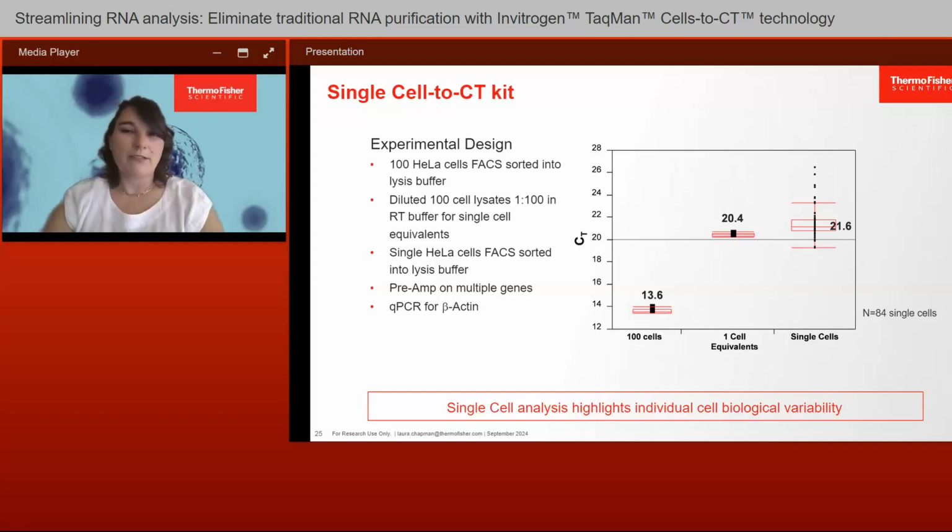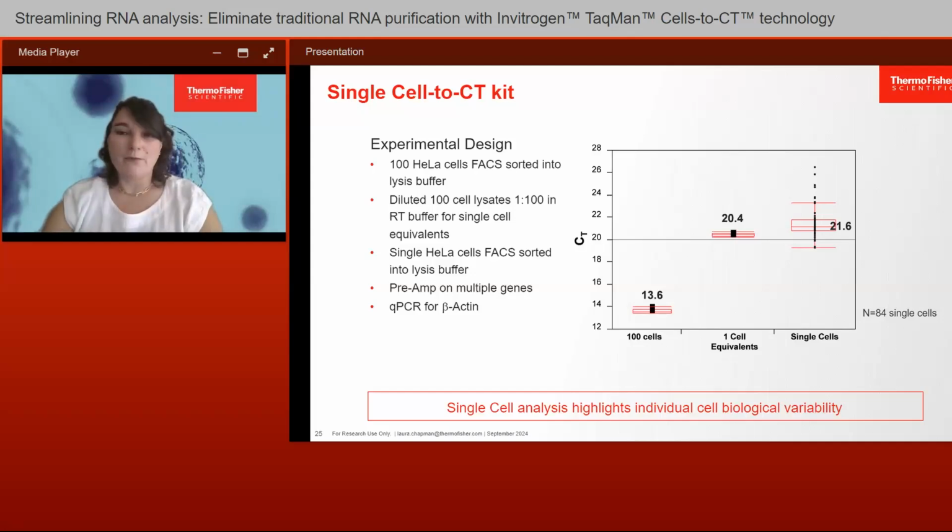And then that 100 cell lysate, we did a 1 to 100 dilution, and those are our single cell equivalents that we tested. And then here we did the preamplification on multiple genes, but did qPCR just on our beta-actin housekeeping gene to see what the biological variability would be.